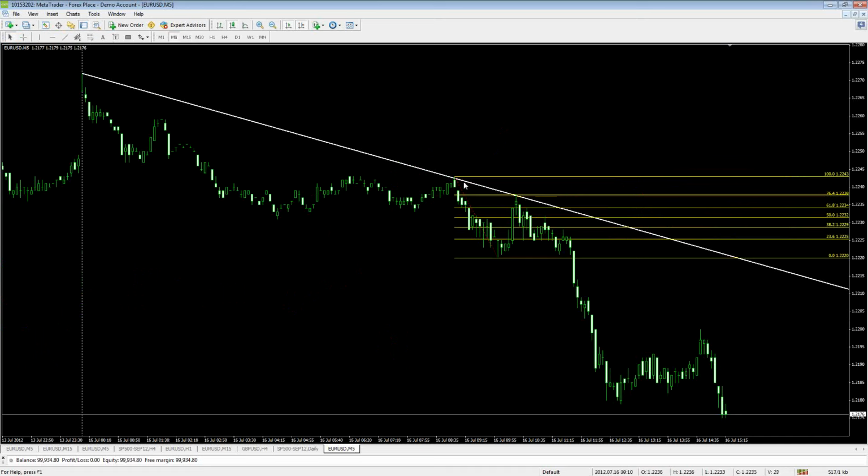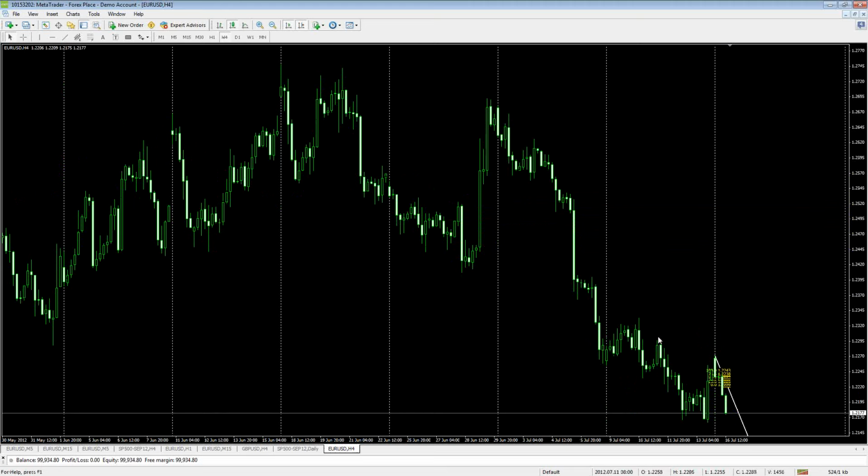So we have several resistances here from the Fibonacci, from the trend line, very strong resistance, and eventually you see how the price continued going down all the way from here, especially as we're aware that the euro dollar is still generally on a strong downtrend.